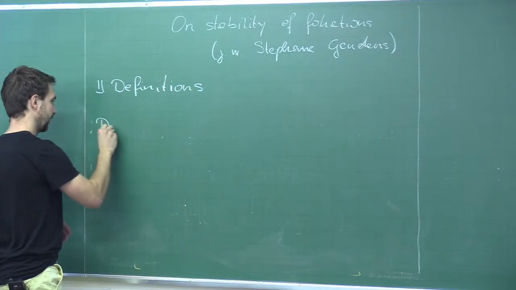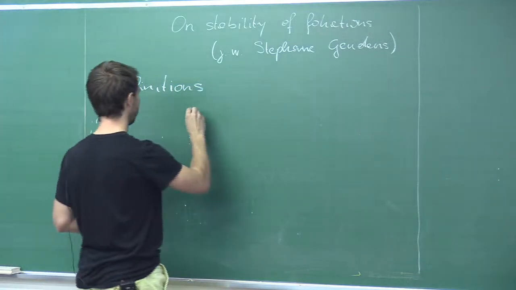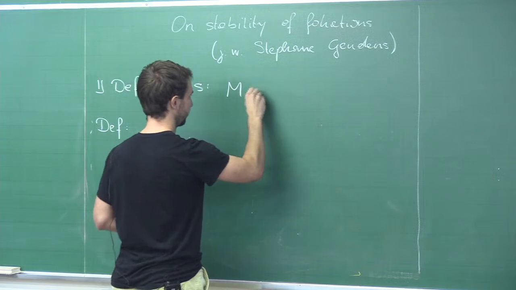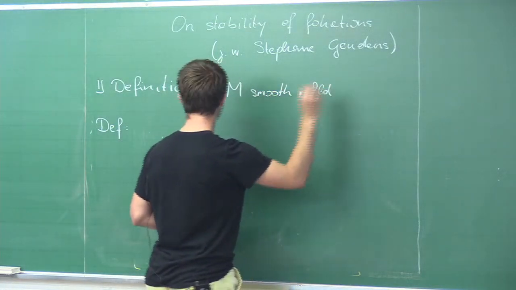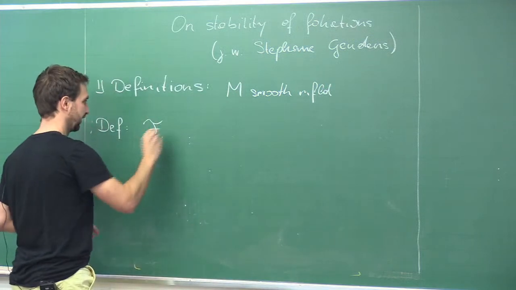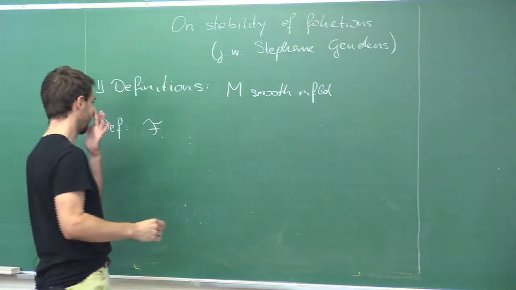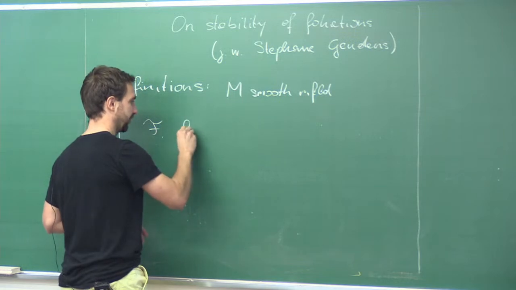So M is a smooth manifold here always. And I want to start very basic. So for me, and at least for the purpose of this talk, I consider F a foliation of dimension k.